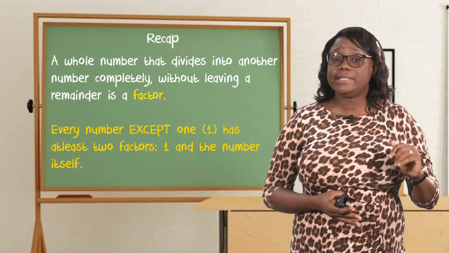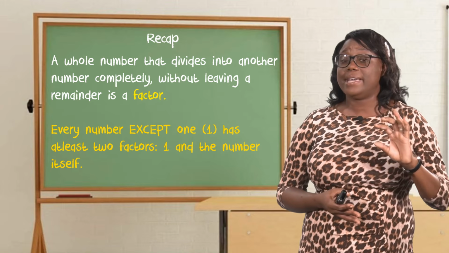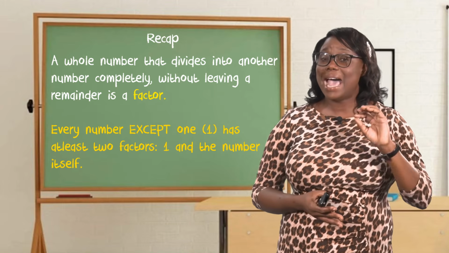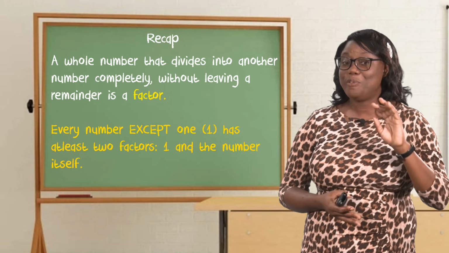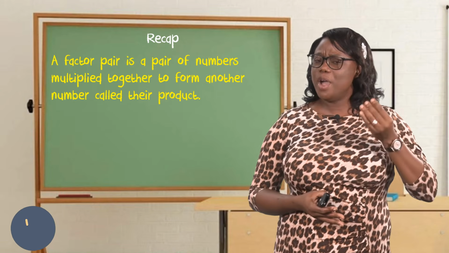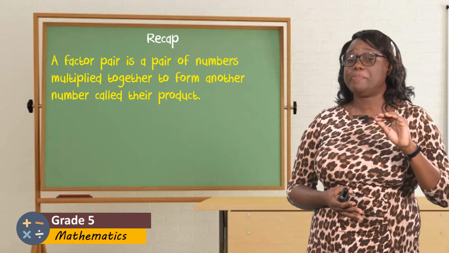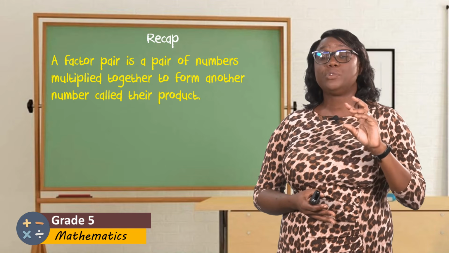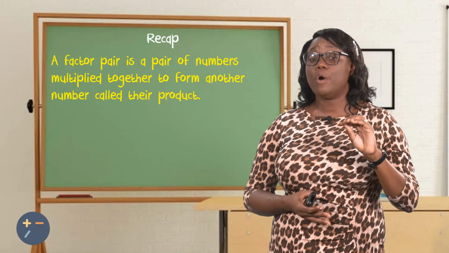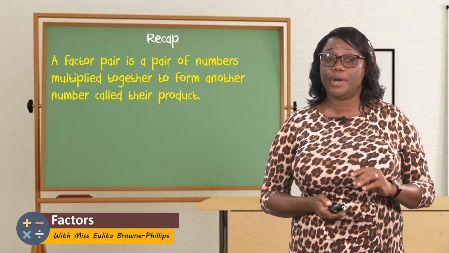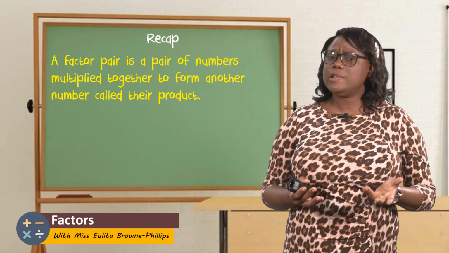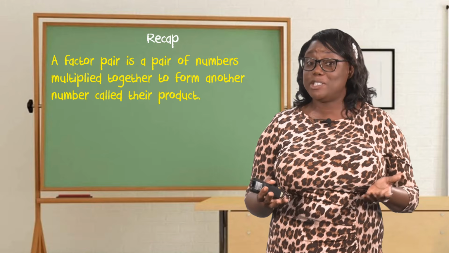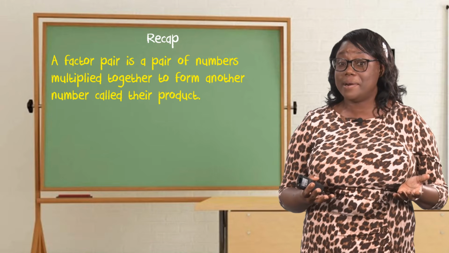We also learned that every number except 1 has at least 2 factors. We also learned that a factor pair is a pair of numbers multiplied together to form another number called their product. We also learned two different methods by which we can find the factors of numbers.